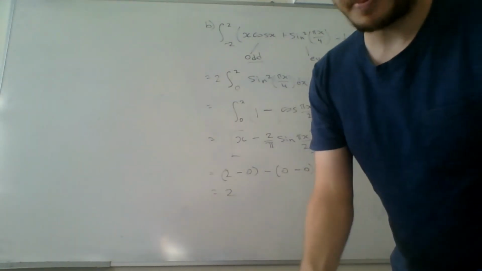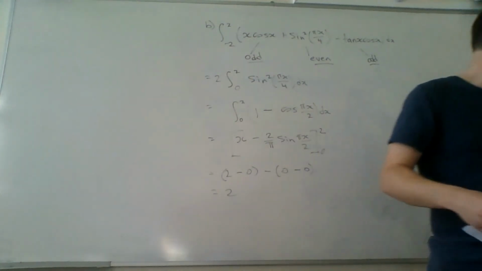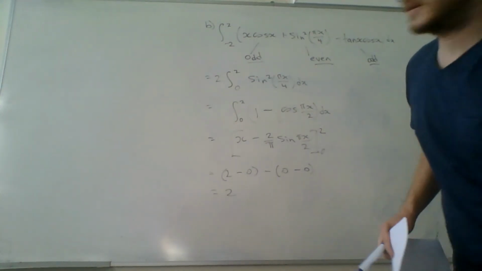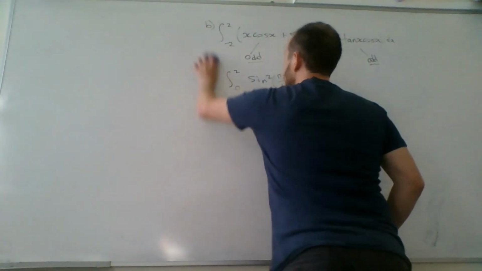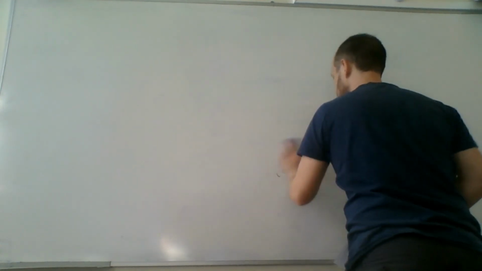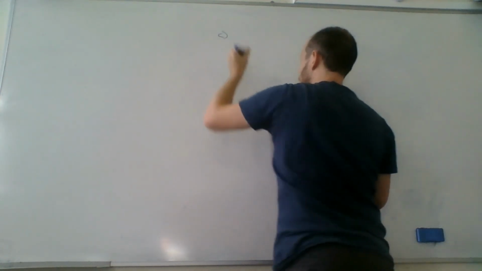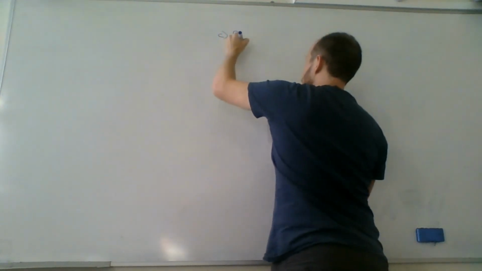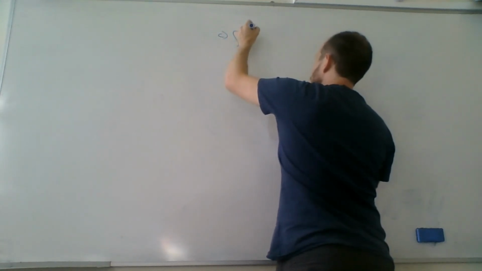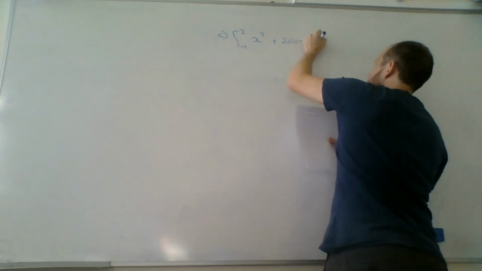Okay, the last part, part C. Okay, so part C is the integral from -1 to 2 of x cubed plus 2 cosine pi x.